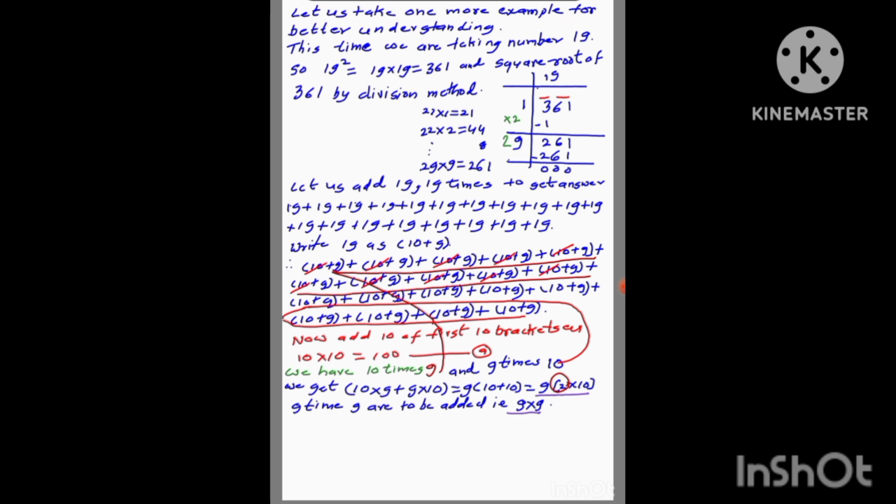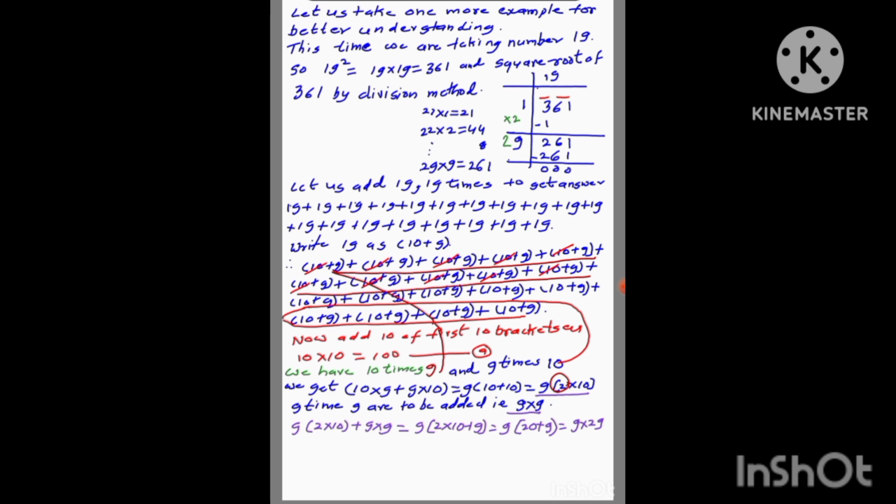Now you have to add this. I am adding it. 9 into 2 into 10 plus 9 into 9. Now I am taking 9 common, and we are left with 20 plus 9. That is 20 plus 9 is 9 into 29. Where are these connected?